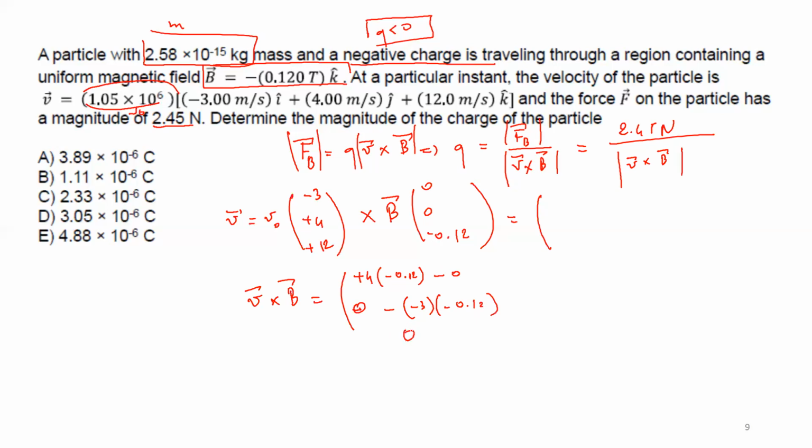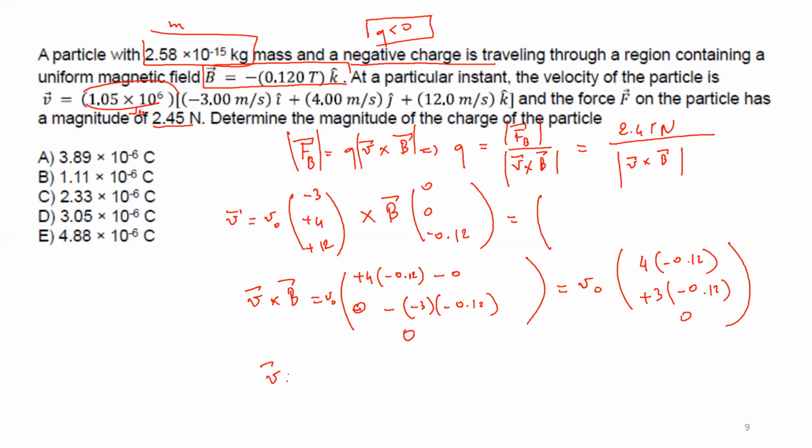And along Z, I will have 0. So V cross B, of course, don't forget the V naught. So here I have 4 times minus 0.12, and here I will have plus 3 times minus 0.12, and then 0 here. So this is V cross B.